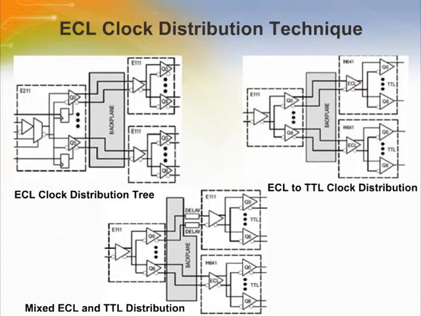In this slide, we discuss the emitter-coupled logic clock distribution technique. Emitter-coupled logic clock distribution illustrates a two-level clock distribution tree which produces 9 differential emitter-coupled logic clocks on 6 different cards. The enable feature of the E211 device gives the flexibility of disabling each of the cards individually.